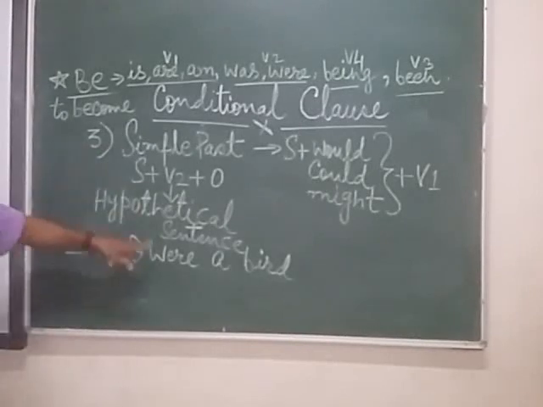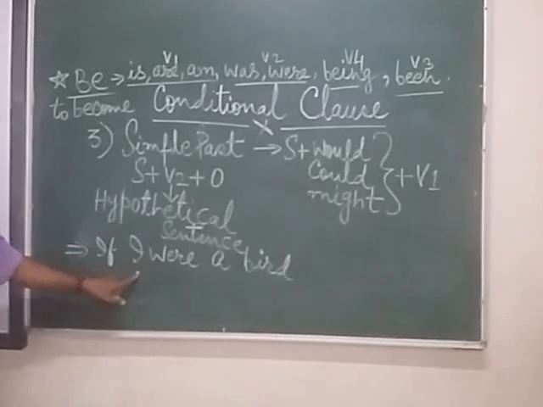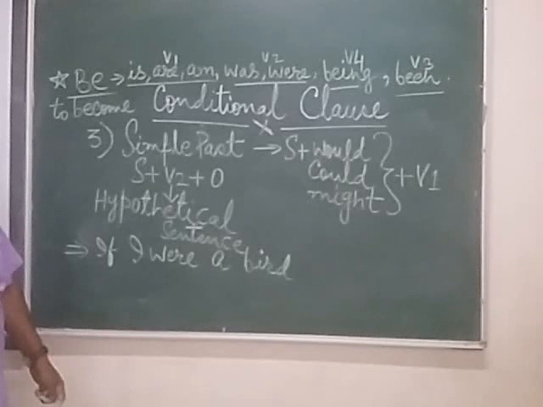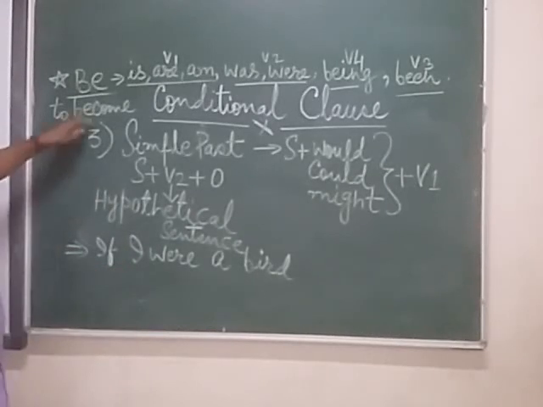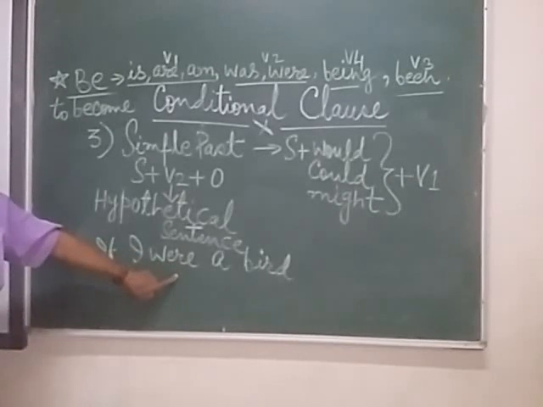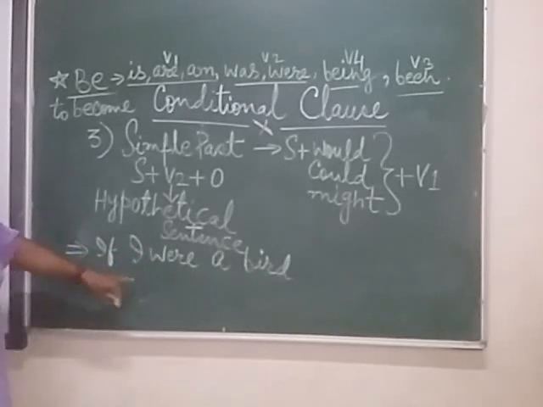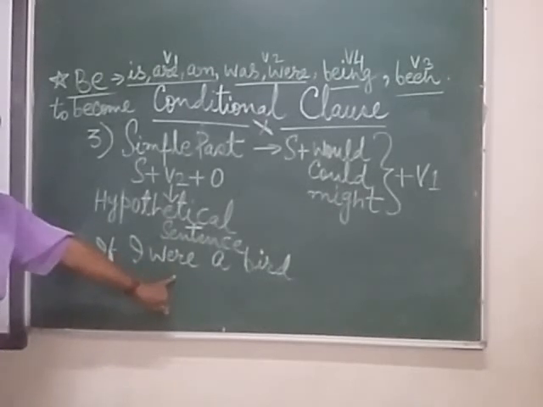Remember, in the case of a hypothetical sentence, whatever the subject is, whether it is I, we, you, he, she, it, or Ram, Gopal, Shyam, or Sita, Gita, Rita, whatever it is, and we are using be over there, the word W-E-R-E should always be written. If you write was, it will be a wrong sentence. You know very well that along with I, was is used.